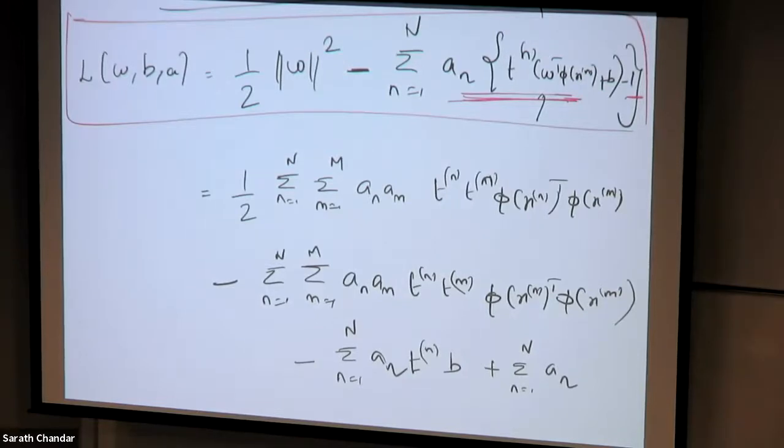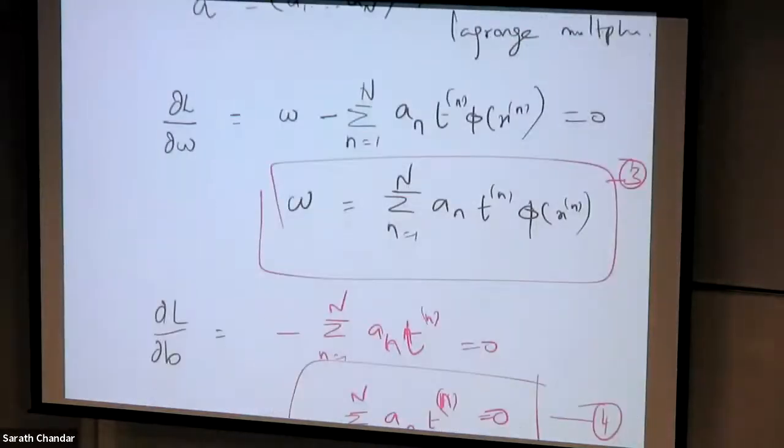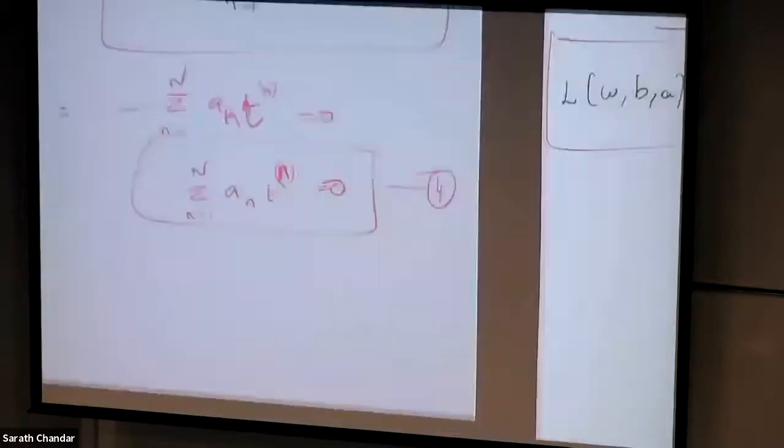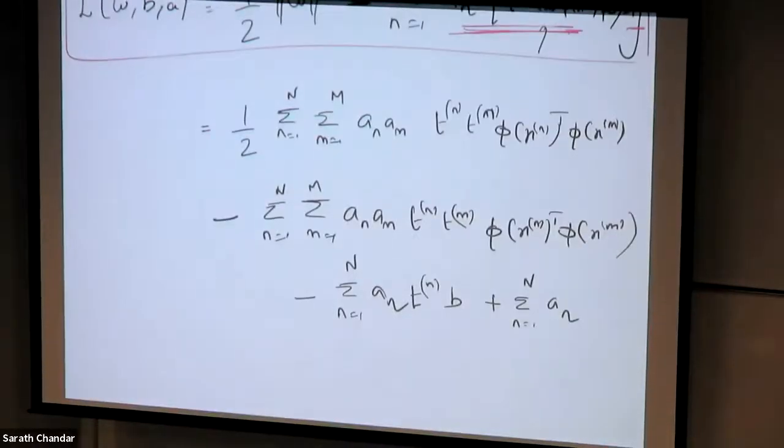Now, we already know from here that summation An Tn is equal to 0, right? So the summation is not a function of b, and this term is 0. So I can just cancel this whole thing together. Now, if you think about these two terms, it's one half minus 1 of the same term, right?